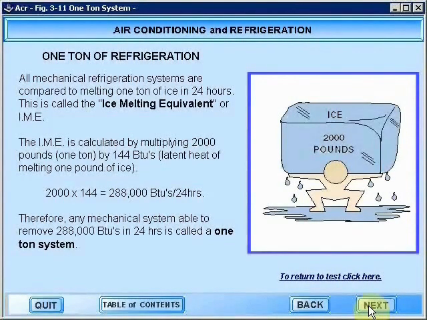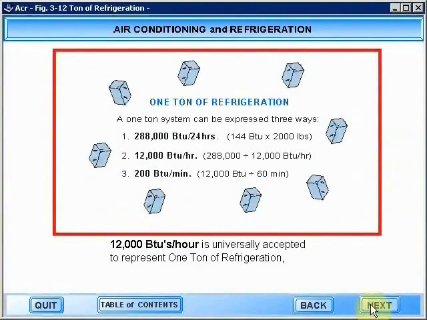Therefore, 2,000 times 144 equals 288,000 BTUs in 24 hours. Any mechanical system able to remove 288,000 BTUs in 24 hours is called a 1-ton system. 12,000 BTUs per hour is universally accepted to represent 1 ton of refrigeration.